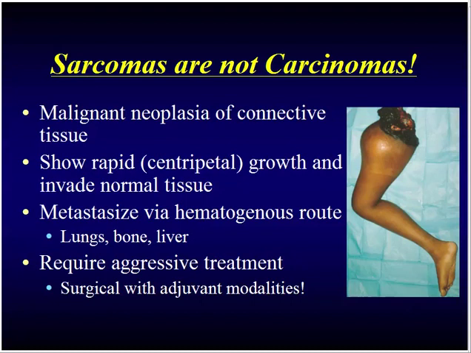They grow rapidly in a centripetal or outward fashion. They usually respect fascial planes, but they'll fill up compartments. Not always, but usually respect fascial planes. And they metastasize pretty easily. Lung, bone, and liver are pretty common. And, of course, they require aggressive treatment, typically with surgical and adjuvant modalities. Here's this kid that I showed you, a modified hemipelvectomy for what turned out to be a very aggressive leiomyosarcoma of his thigh.